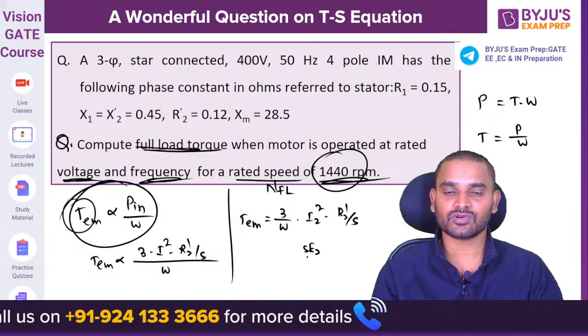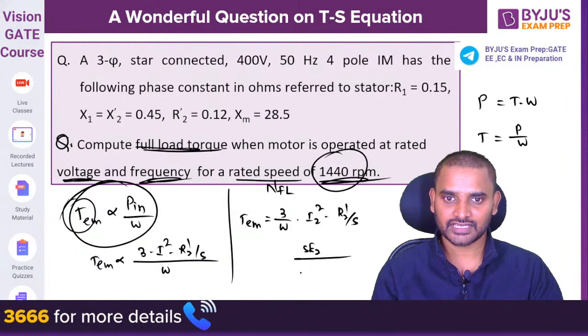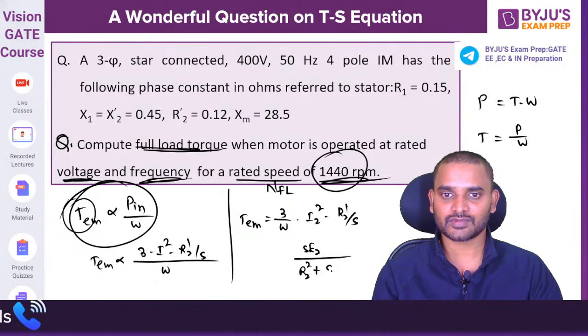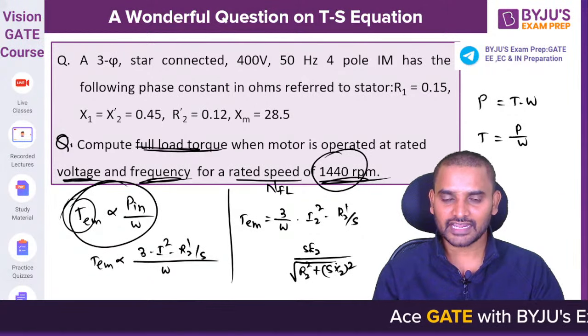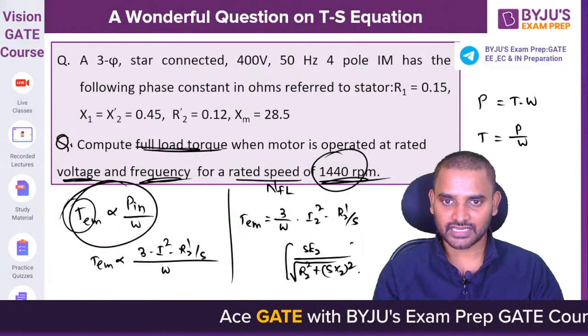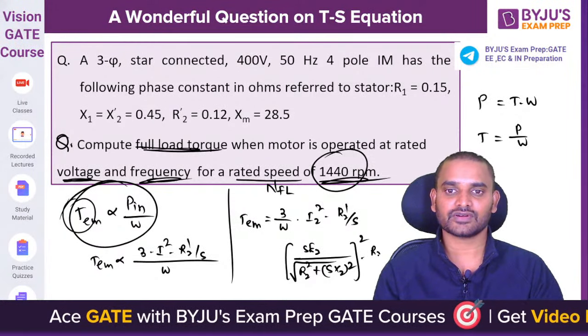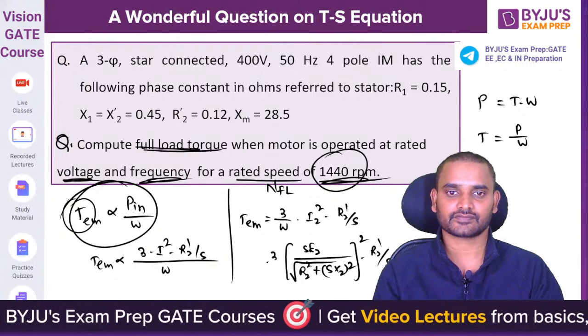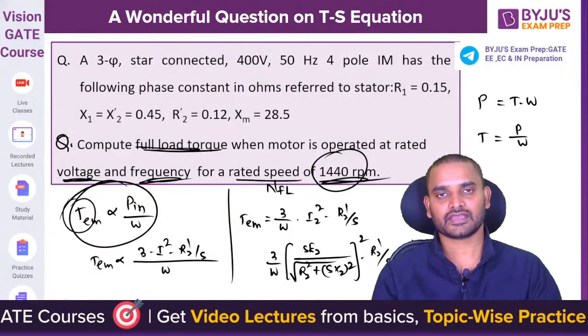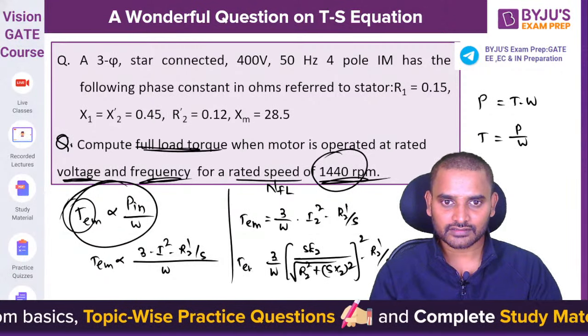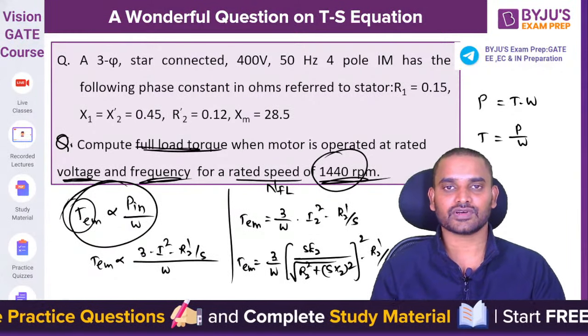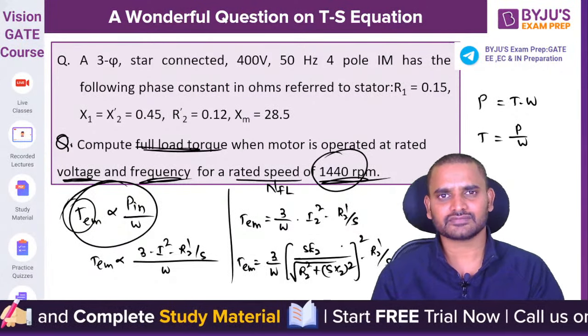So I can write the rotor voltage as S into E2 divided by the rotor impedance, the square root of R2 squared plus (S times X2) whole squared. So this is the total current squared into R2 dash by S. If you solve this one, you will get some information.